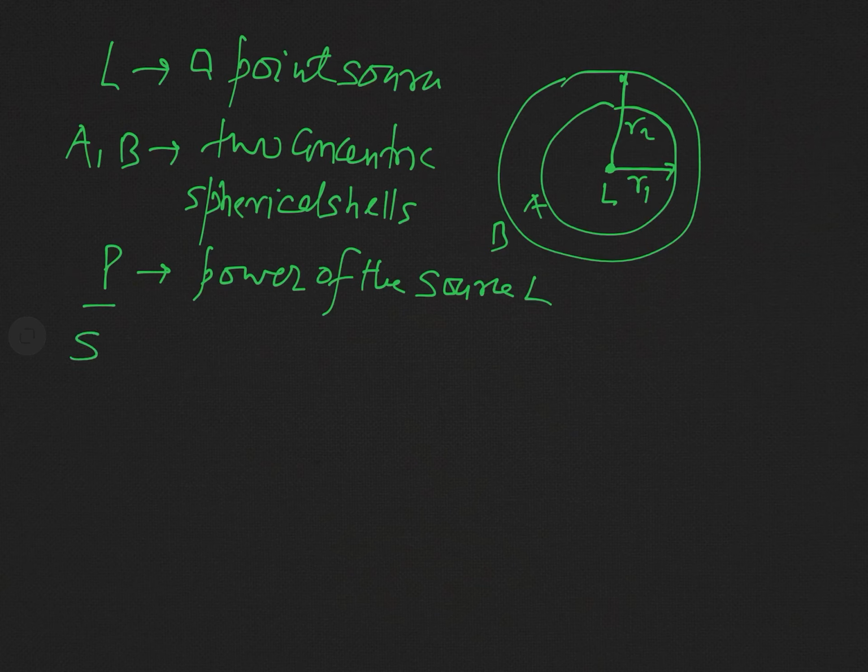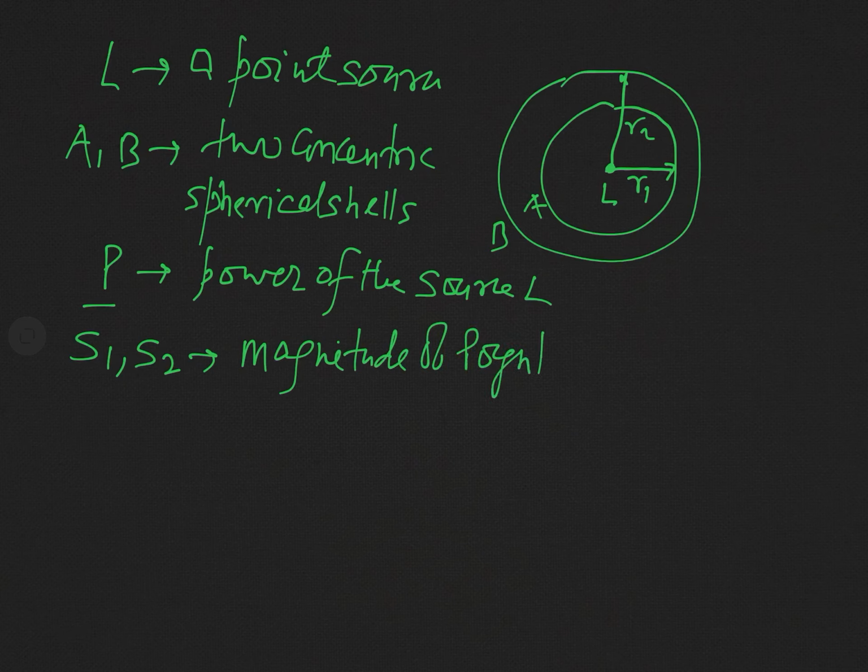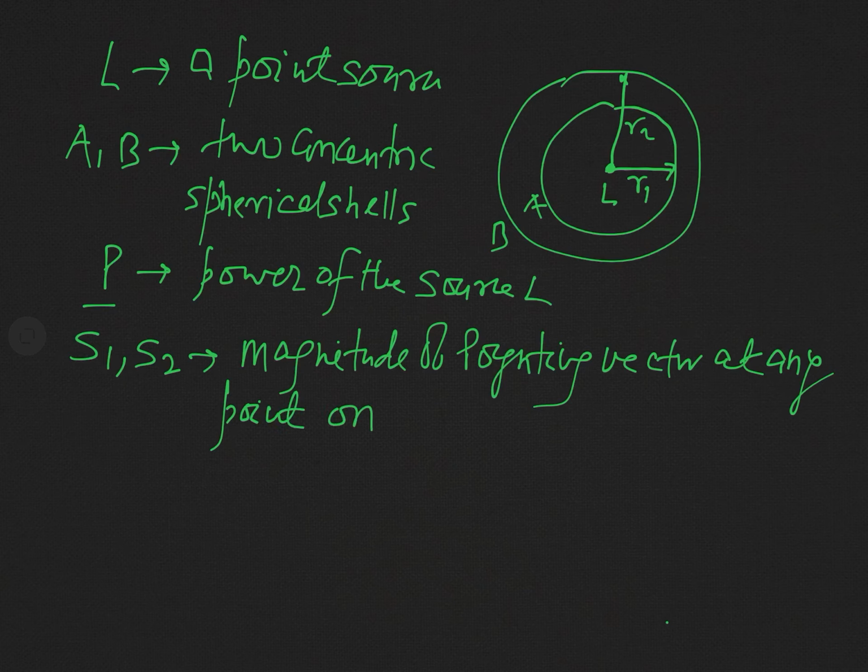So S1 and S2 are the magnitude of Poynting vector at any point on A and B respectively.